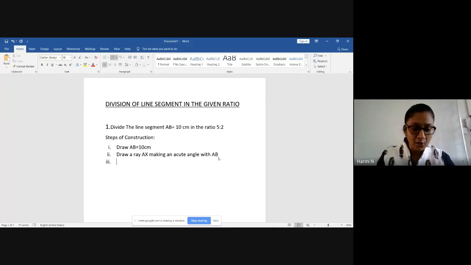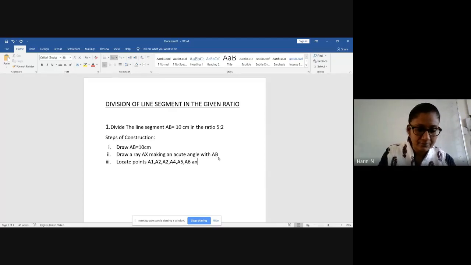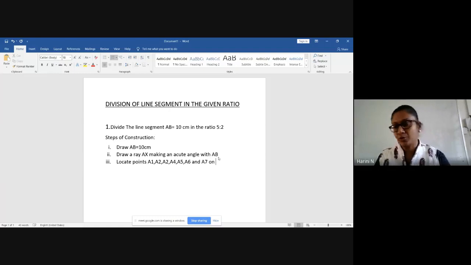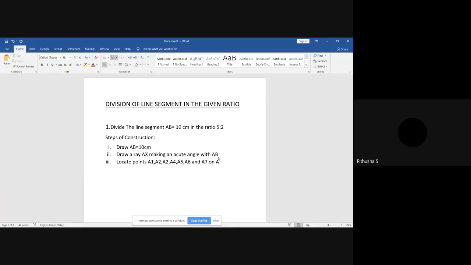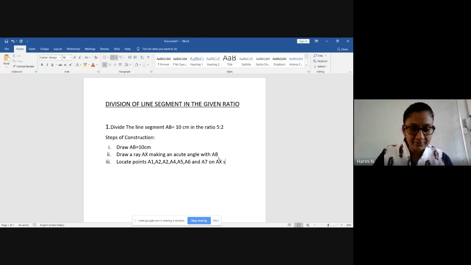Okay, so we will write: locate points A1, A2, A3, A4, A5, A6, and A7 on AX such that they are equidistant.